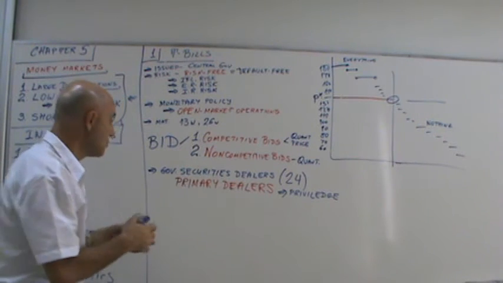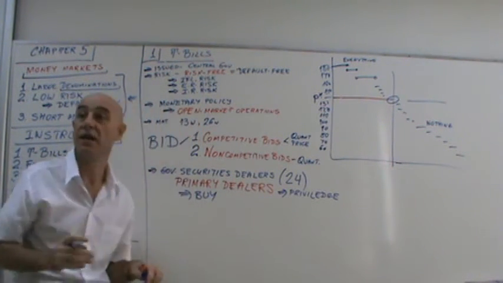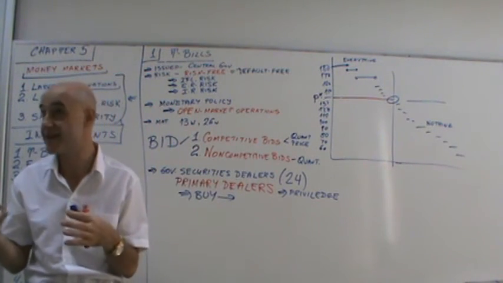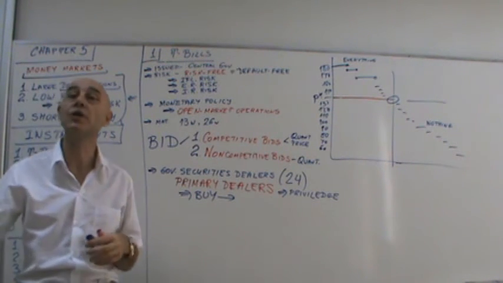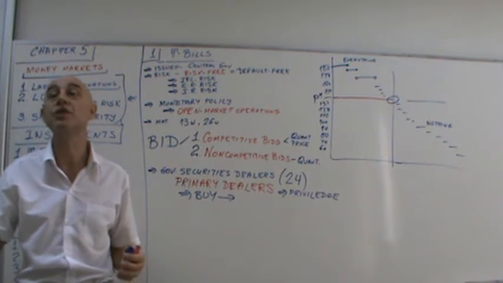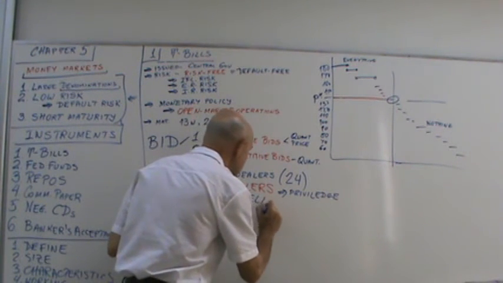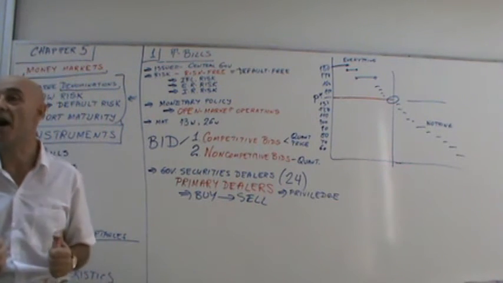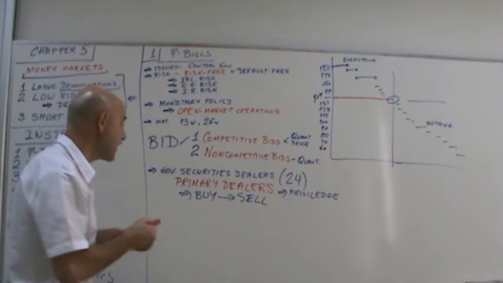You're a dealer, it means that you buy from the government and then resell at a profit to another bank, to a mutual fund, to a hedge fund, possibly but not very likely to individuals. So you buy and then you sell it. And the difference between the buy and the sell is called the spread.